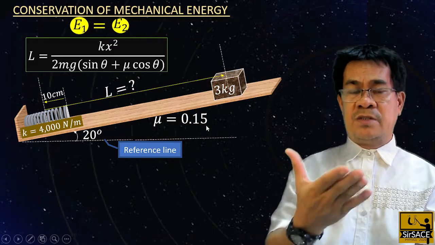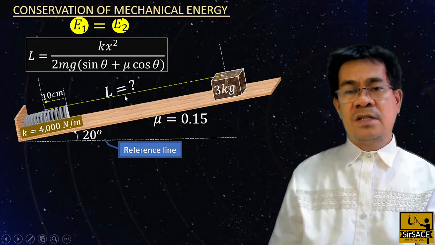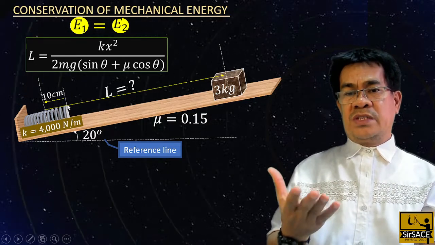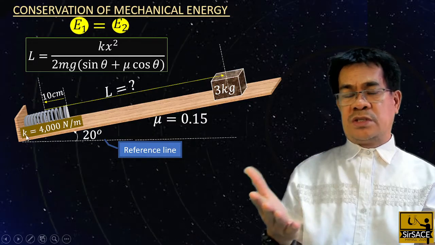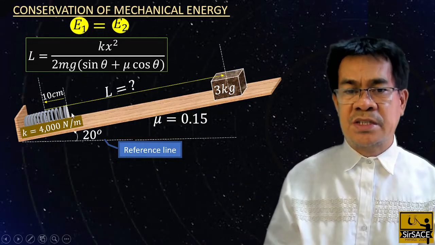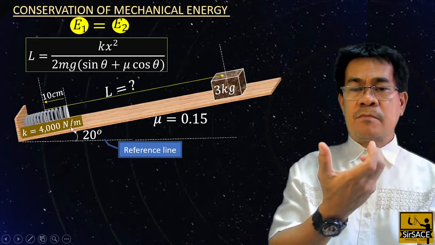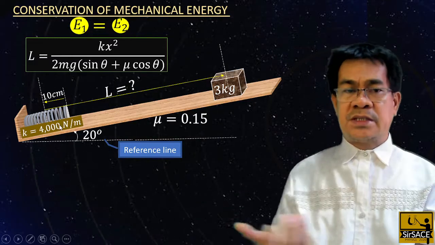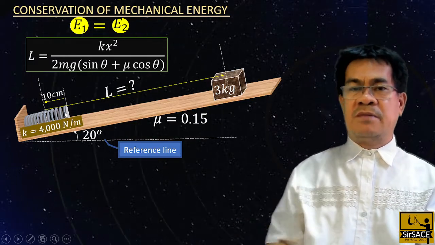Remember, the coefficient of friction is a unitless number. Then the object was placed at one end of a spring whose spring constant is 4,000 newtons per meter. This is the unit of the spring constant. Now, a force was applied to compress the spring by a distance of 10 centimeters.